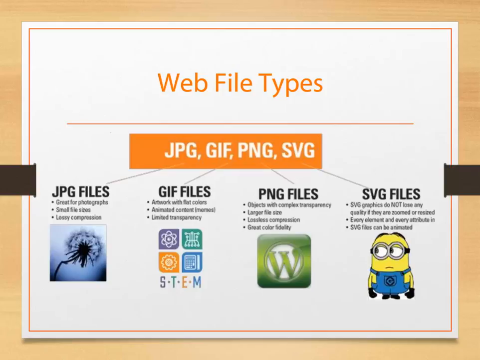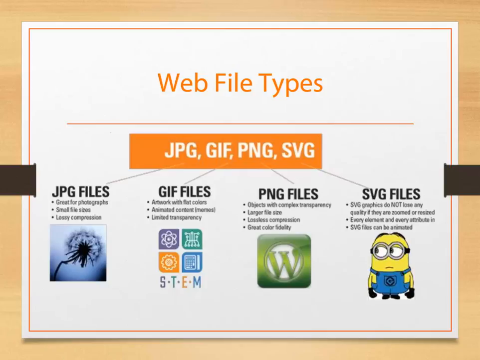There are two types of PNG files, PNG8 and PNG24. PNG8 behaves a lot like a GIF and is not widely used, but PNG24 is the top of the line in terms of web graphics because it is the best image file format for objects that have complex transparency. Now, when I say complex transparency, I mean objects that have a lot of drop shadows and gradients and things hanging off the edges.